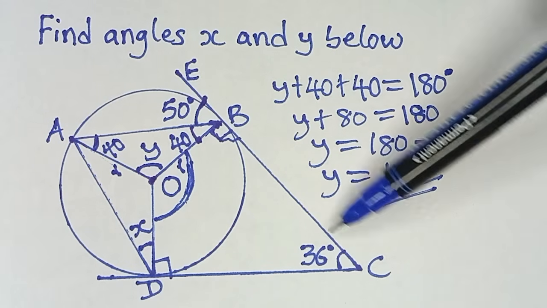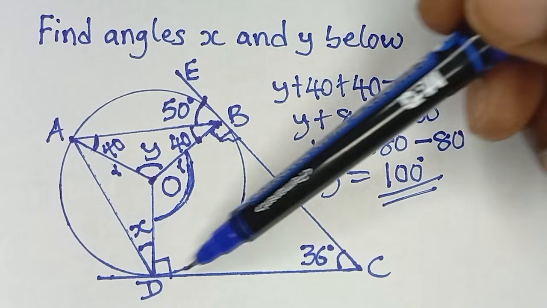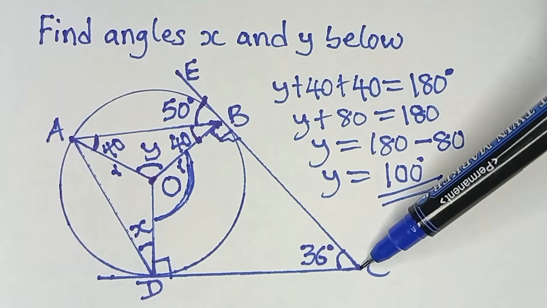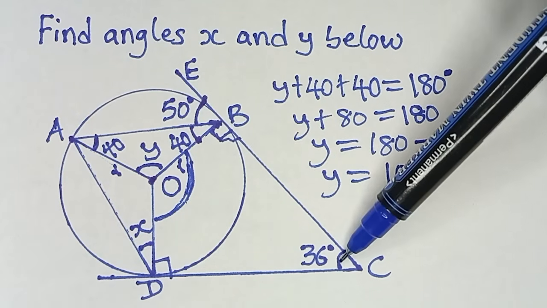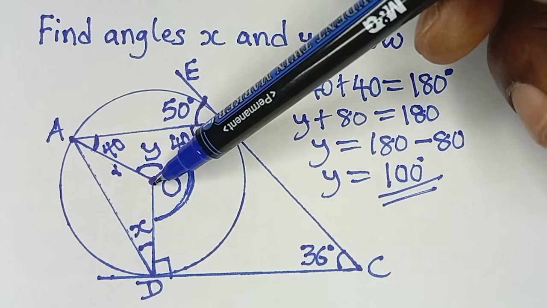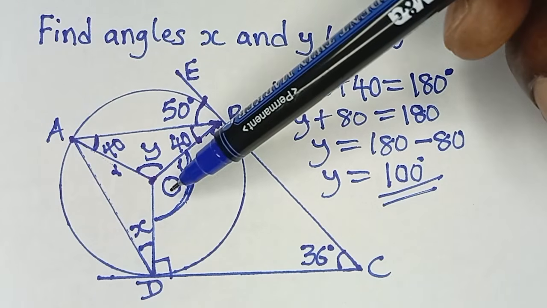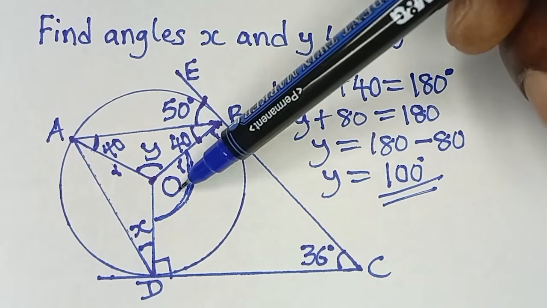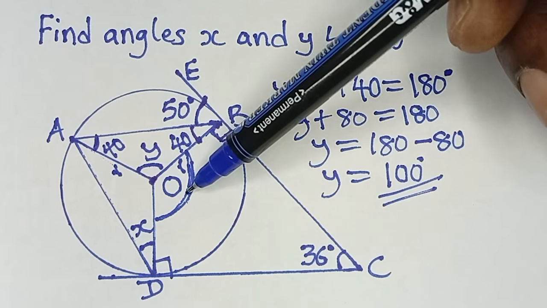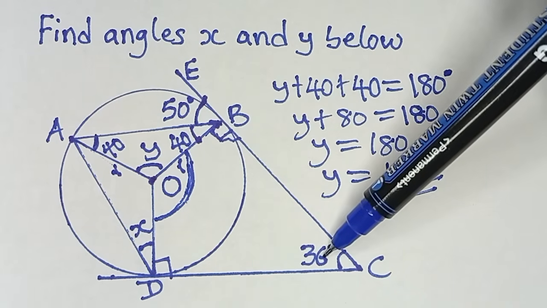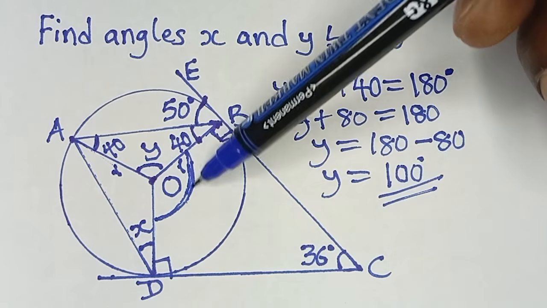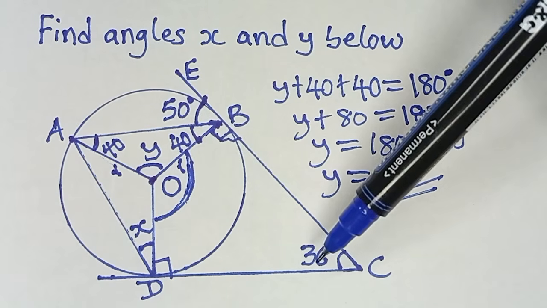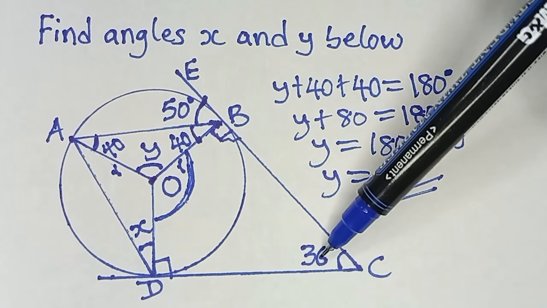So anytime you see two tangents like this to a circle meeting at an external point, the angle at that point where they meet and the angle at the center of the circle, the two of them add up to give us 180. So if this is 36, then for us to get this angle at the center, we simply say 180 minus 36.